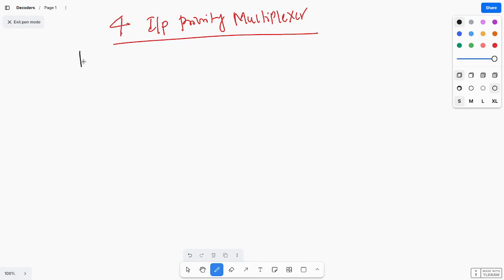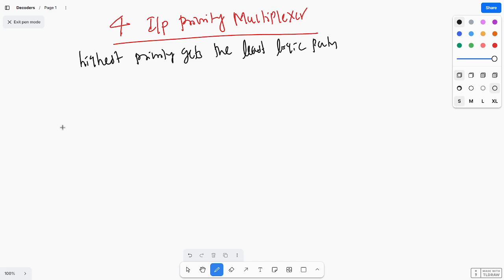And the output of the mux is not valid if the select signals are 0. Okay, how to design this we'll see.